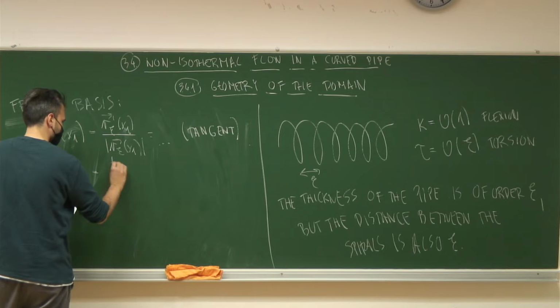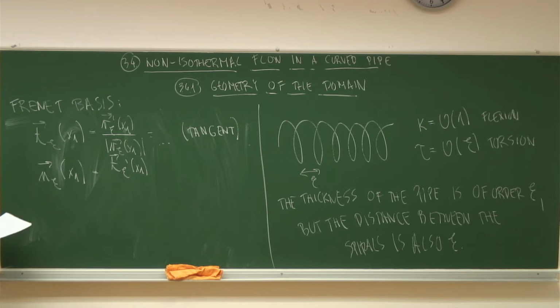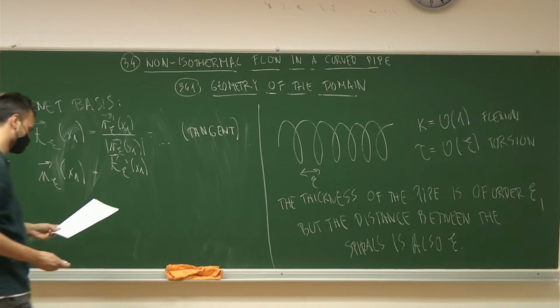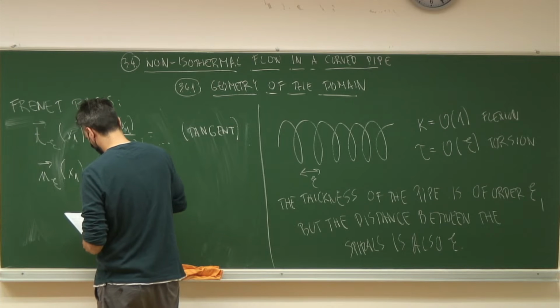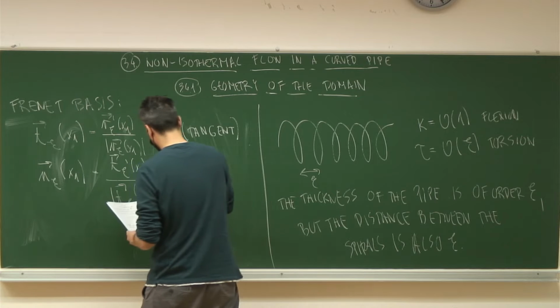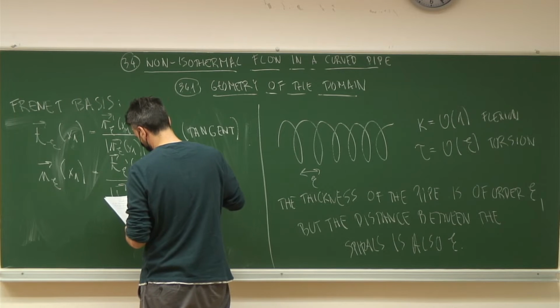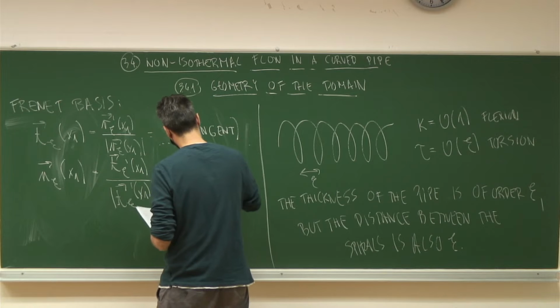Then you have this. So this is more or less classical. You have the tangent, the normal and the binormal. This is the normal.